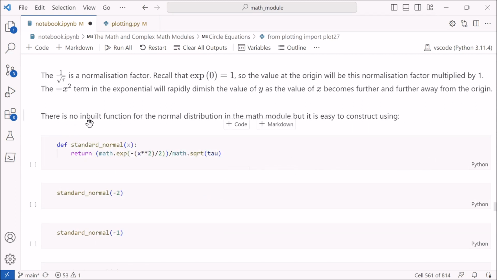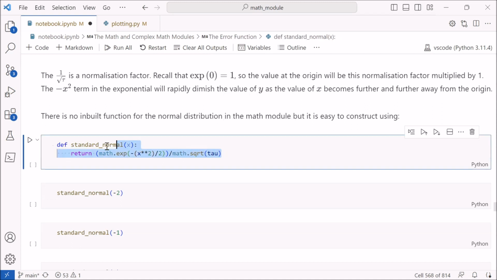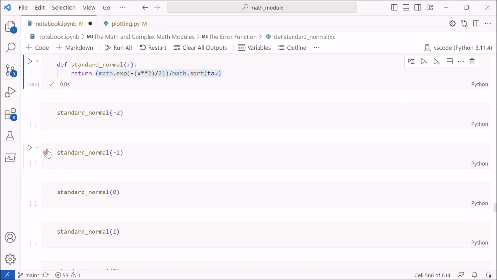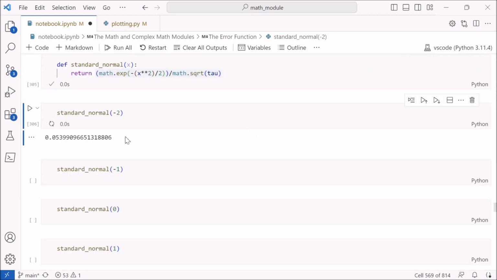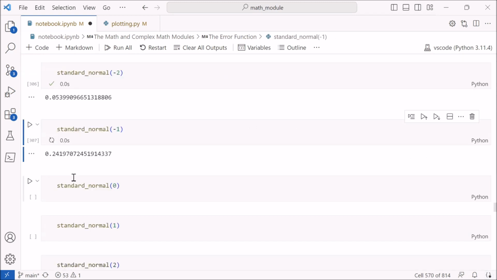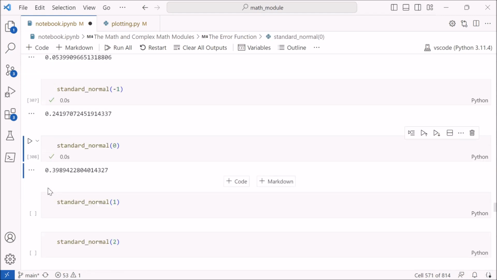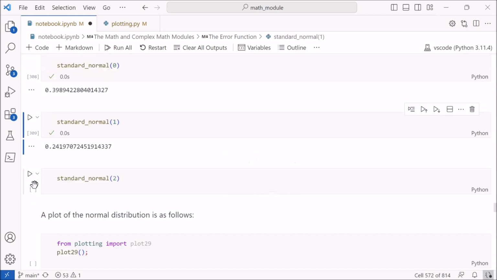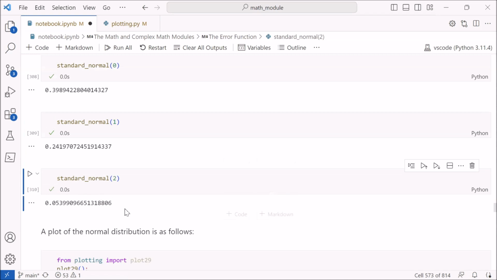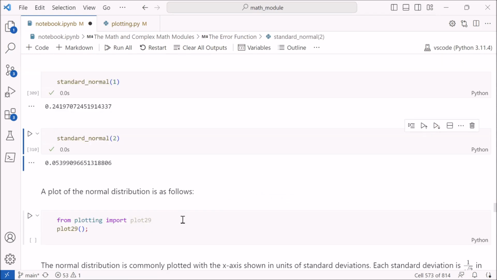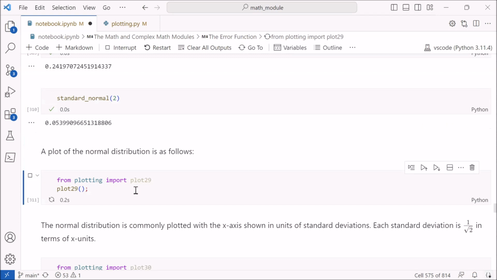There's no inbuilt function for the normal distribution in the math module, but we can easily construct it just by returning this mathematical expression. Then we can test it at some values of x, and we can plot this normal distribution.